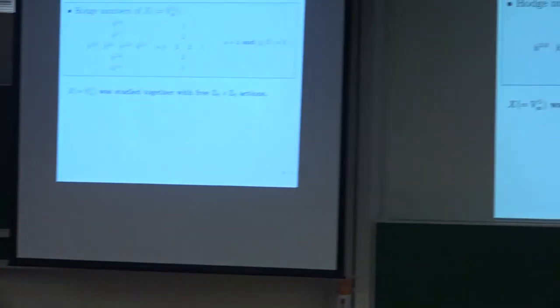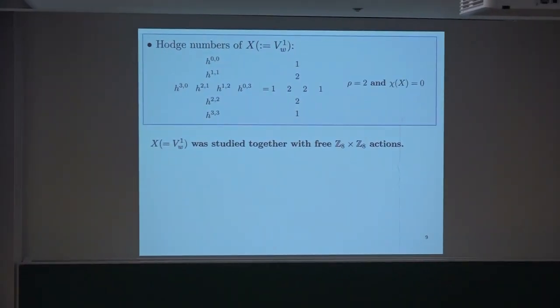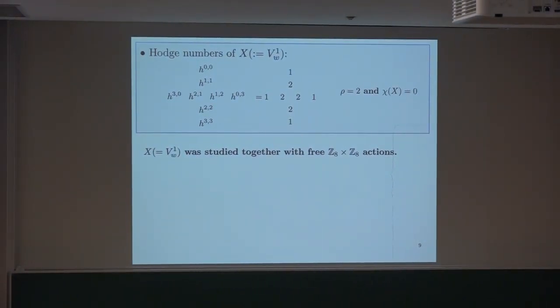Now, this is the Hodge number, and historically, this abelian fibered Calabi-Yau was studied in different contexts. At some time in the history of mirror symmetry, some people were interested in Calabi-Yau manifolds which have non-trivial pi1. Atsushi studied one class, I think, and this Calabi-Yau appeared in that context.